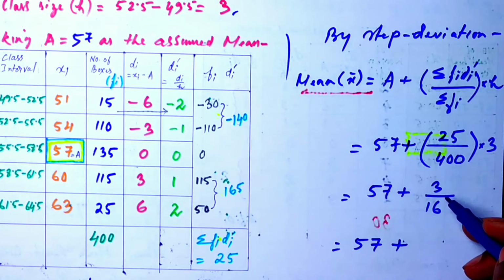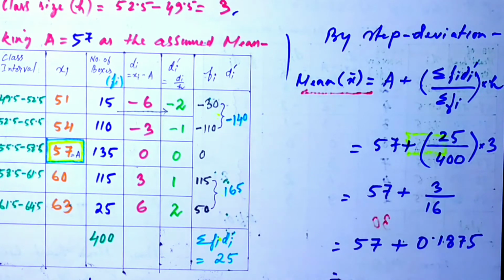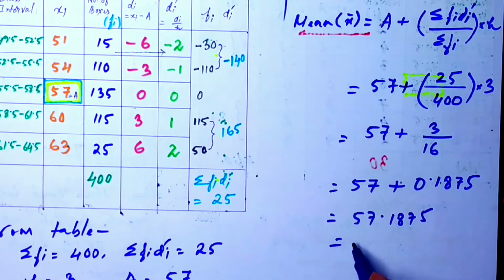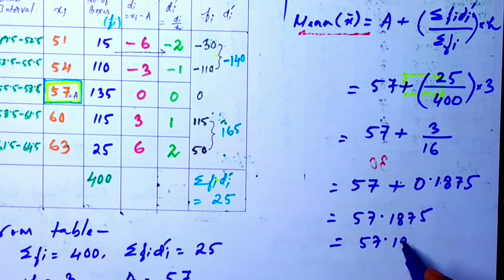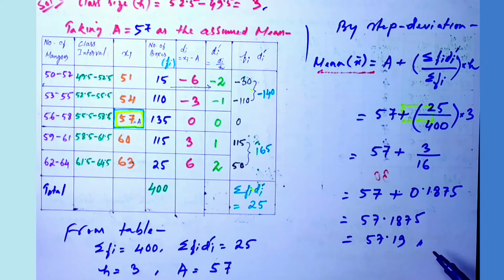So if we divide 3 by 16, we get 0.1875, which is 57.1875, which can be written as 57.19 as the answer. So the mean number of mangoes kept in a packing box is 57.19, and we use the step deviation method as the values of fi di are big, and also there is a common multiple between the di.